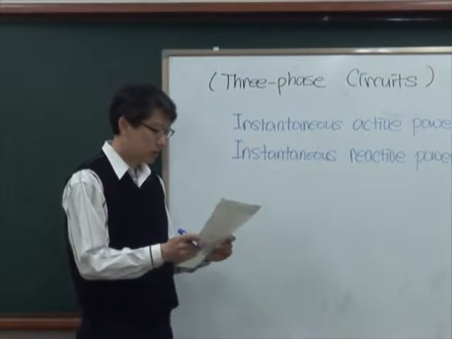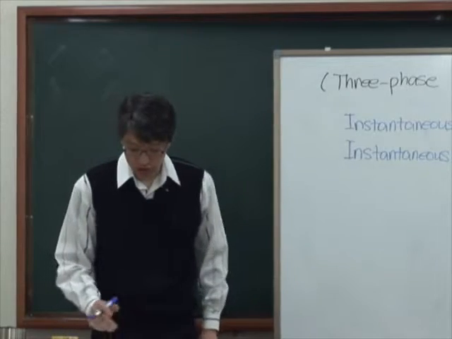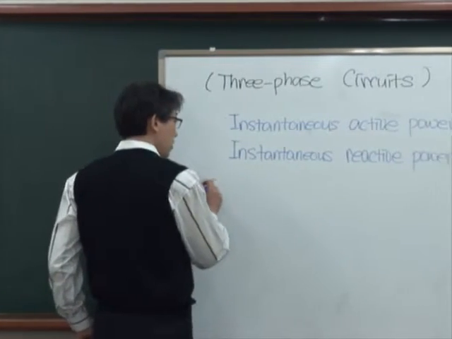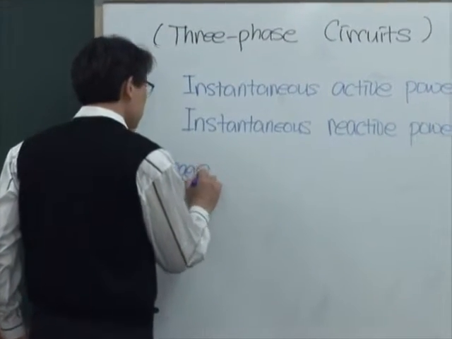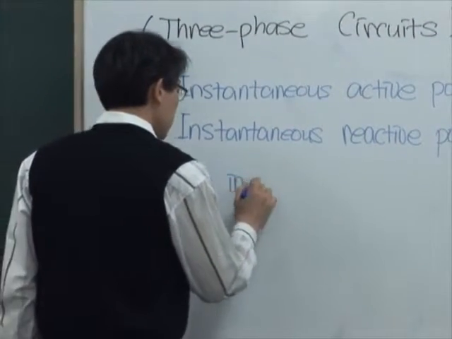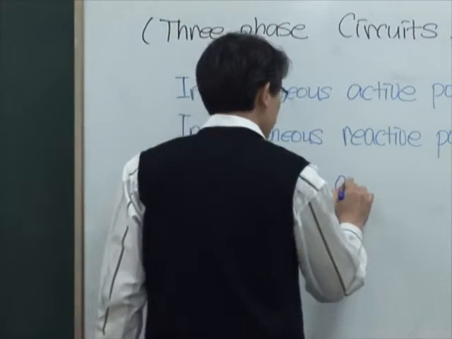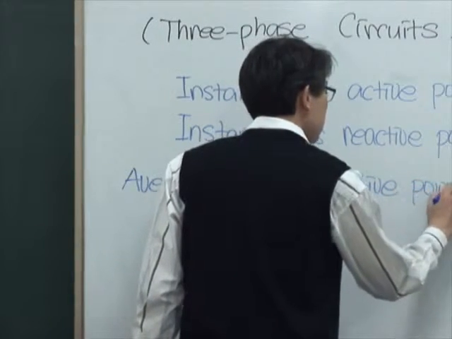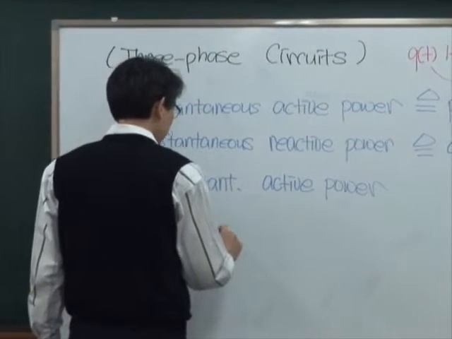Now, what about the average case? Average is pretty simple. You just average. So, average instantaneous active power is you just integrate and average.